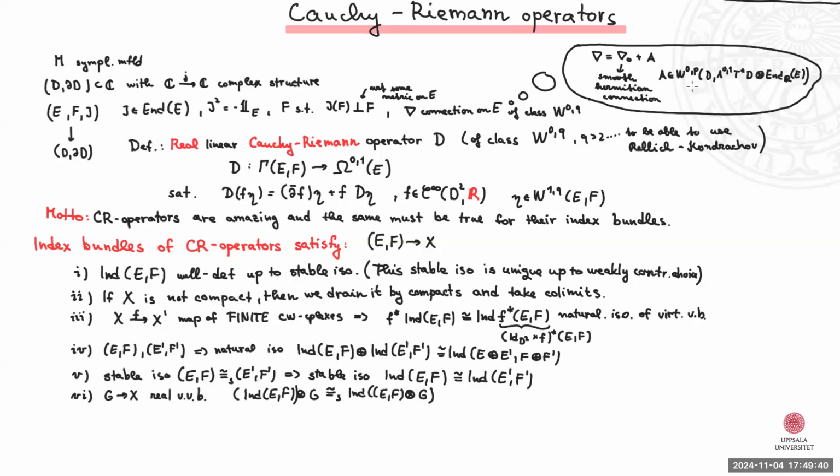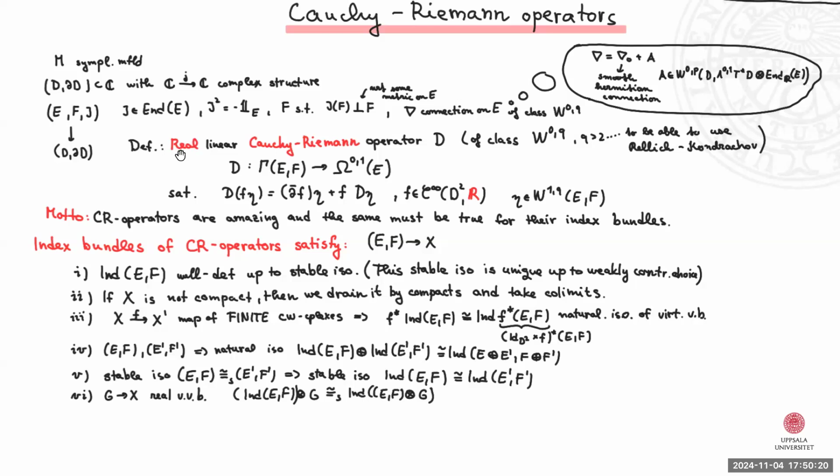Where this A is somehow anti-, not anti-complex, that's not the word in English, anti-holomorphic section of some endomorphism real bundle. Whatever, you can kind of ignore this, but this is the reason why your fibers are contractible. In case you're thinking about that, this is the reason, because all those spaces are affine here.